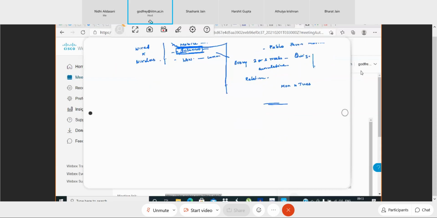Now, if you look at any communication network, there are two basic components.